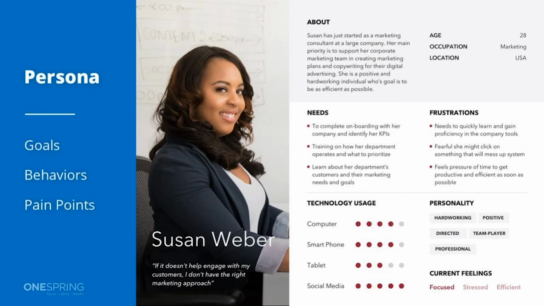The persona provides that valuable tool to be the tiebreaker, if you will. Rather than going by people's opinions, you can go back to the persona, you can go back to the journey maps and use that data as leverage to be able to make those important business decisions.